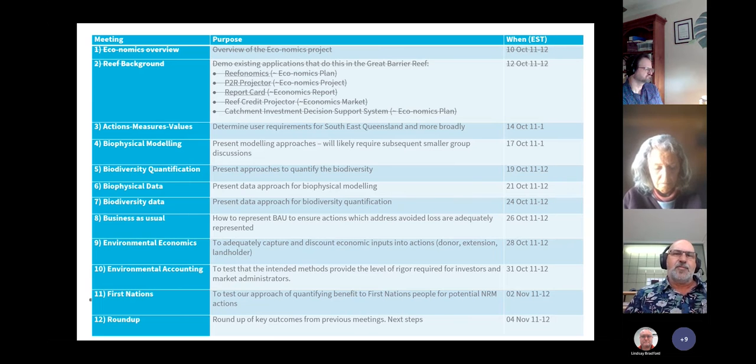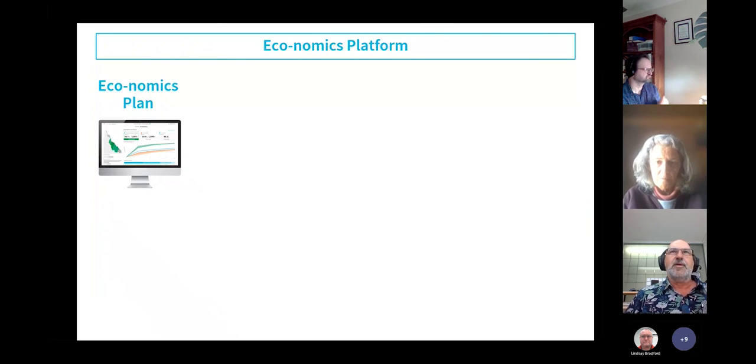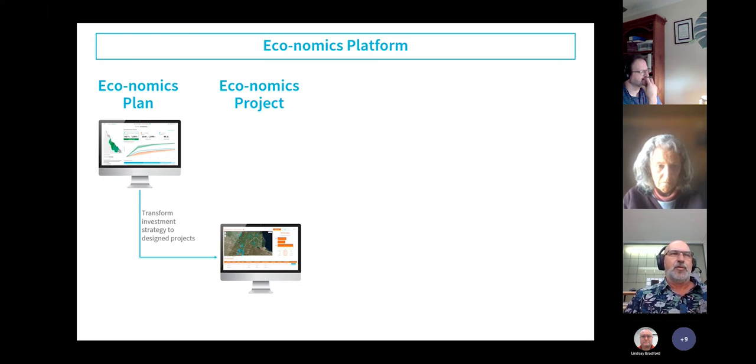There are a few who haven't been involved in the previous workshop, so a reasonably quick background if I can. Collectively, the Eco-nomics platform has four parts to it. There's Eco-nomics Plan, which is a lumped subcatchment level investment prioritisation application.